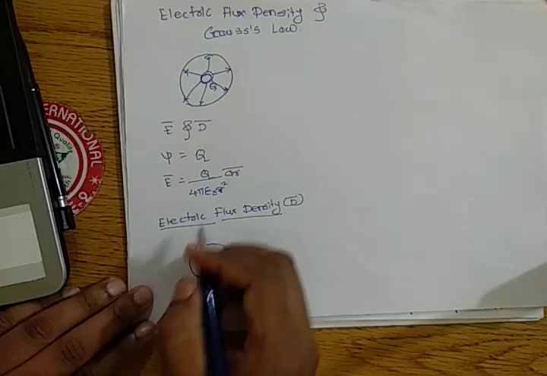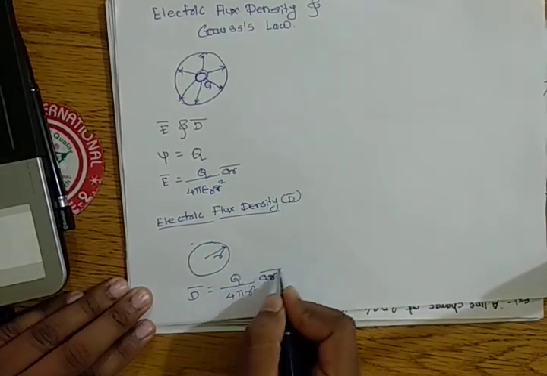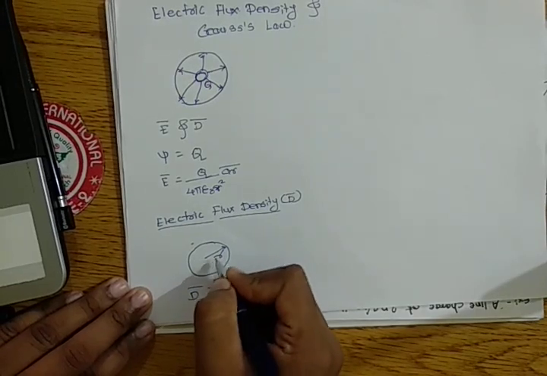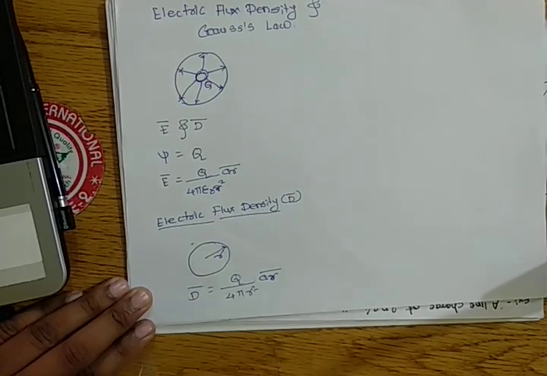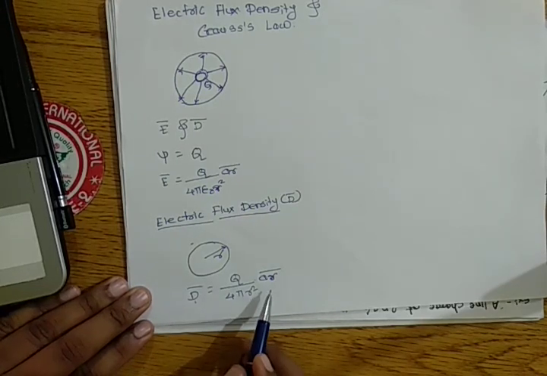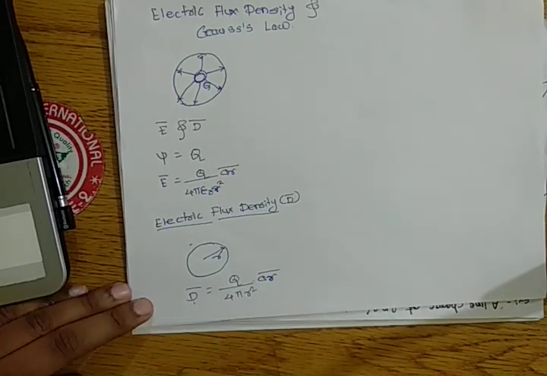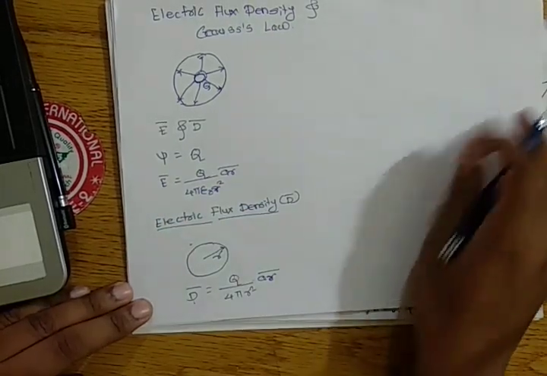Now, these lines are directed along the unit vector a r bar. D bar is also a vector quantity, so we have to add the unit vector a r bar. So see the difference between E bar and D bar.